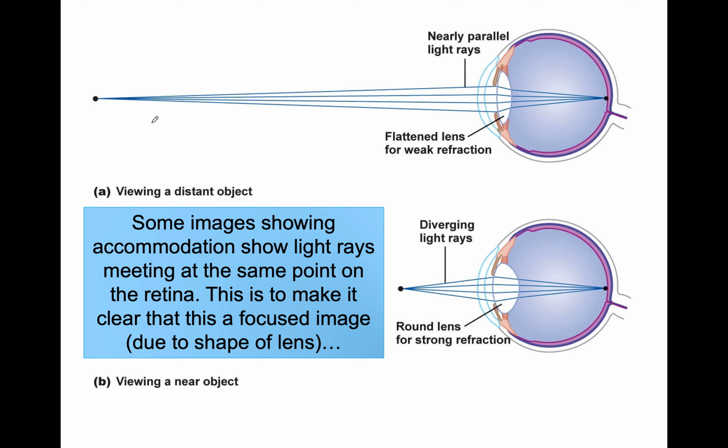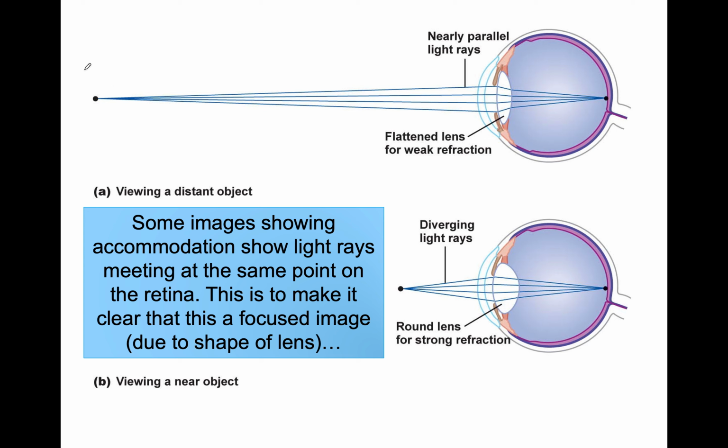To change the shape of the lens, those ciliary muscles can either relax or contract. Now that will be dependent on the object which is being viewed. A distant object will reflect rays of light which are close to parallel, and therefore will require less refraction.